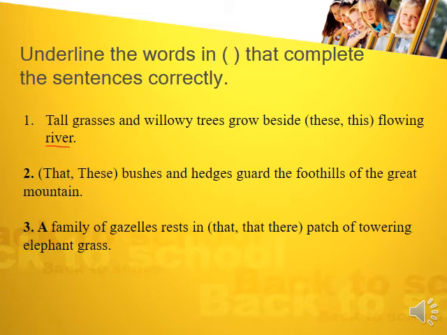River is singular, so I use this. That or these bushes: bushes is plural, so I use these. A family of gazelles rests in that or that there. We said we will not use that there or this here. This is wrong, so which to use? That.